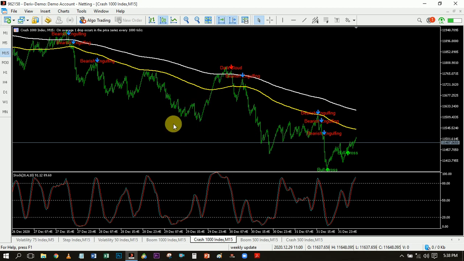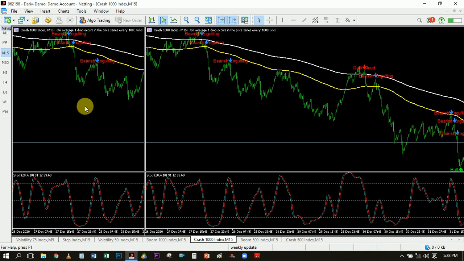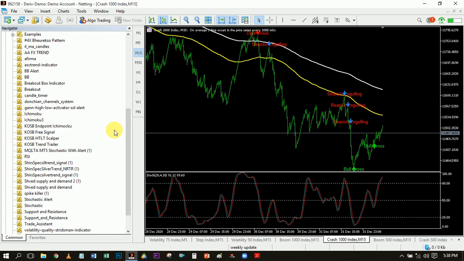The next thing you need to do is add this indicator to your chart. If you have good knowledge of chart patterns and candlestick formation patterns, then you might not necessarily need this indicator; you can trade it off your PC or your mobile phone.